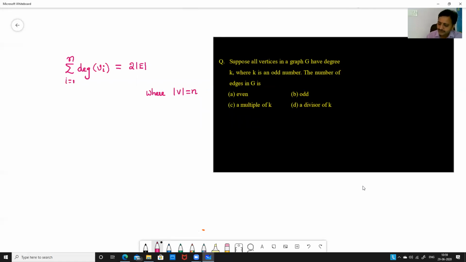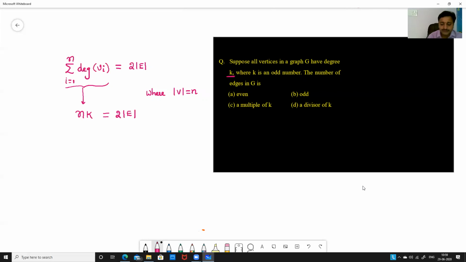So the claim is that all vertices in graph G have degree k. Every vertex has degree k, so V1 has degree k, V2 has degree k, and like that each and every vertex has degree k. Therefore, if I expand this sum, how many k's will be added? n k's will be added. Therefore, n into k equals 2 times the number of edges.